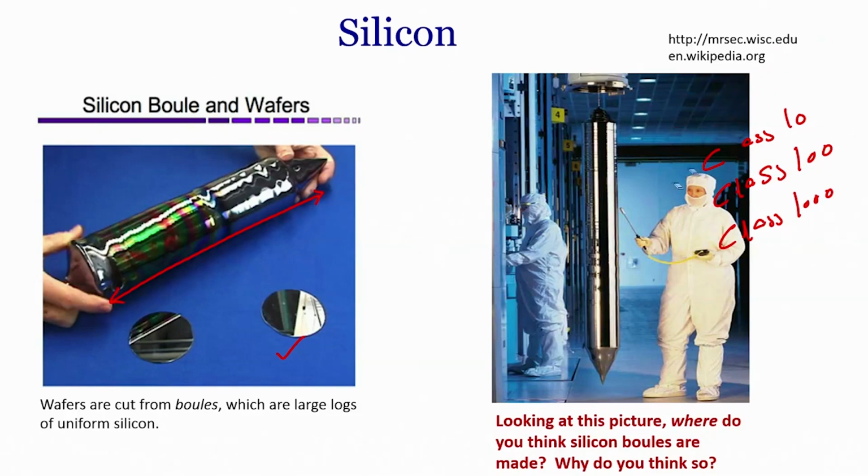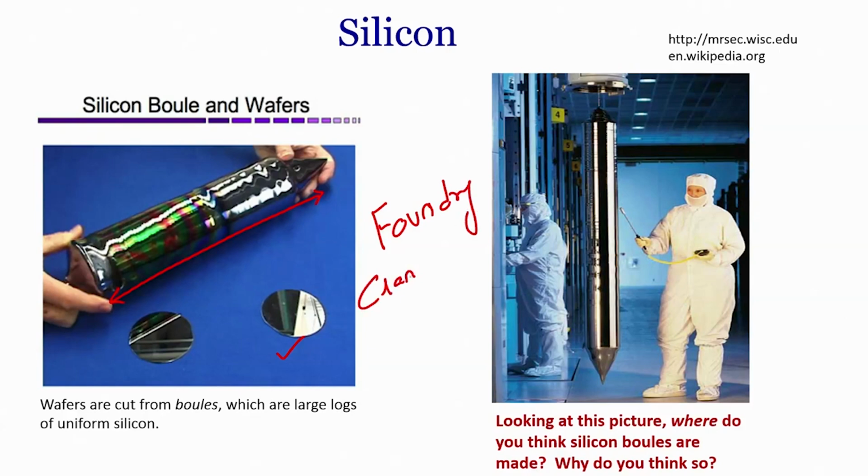Now, why do we think that this is a clean room? First, we answered where silicon boules are made: we think they are made in a foundry, under a clean room facility. Why do you think so? Why do we require a clean room? The answer is to avoid contamination.